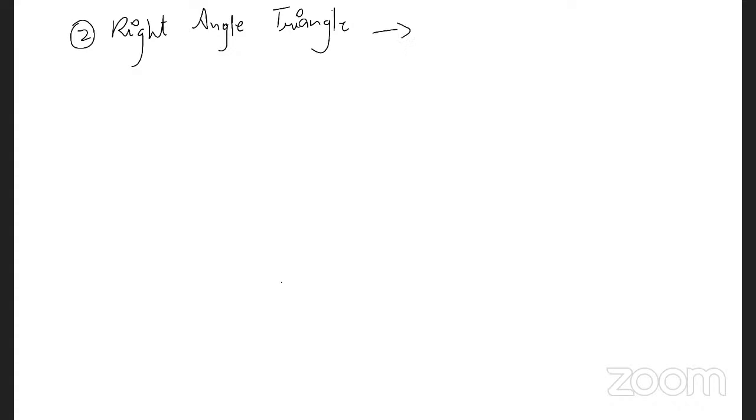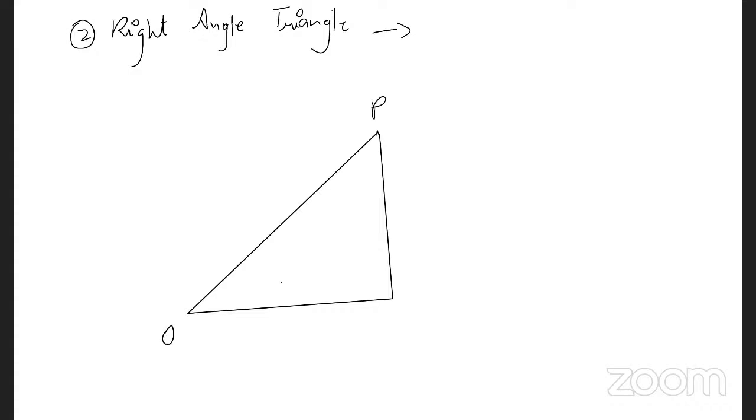Let's make it: P, Q, R, and here is your 90 degrees. It's forming a 90 degree angle, that is a right angle at R. So a triangle in which at least one angle is a right angle is called a right triangle.